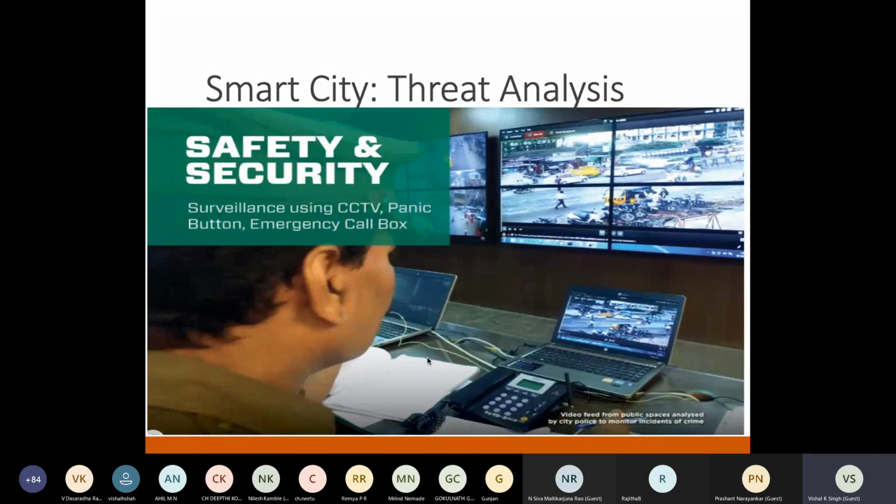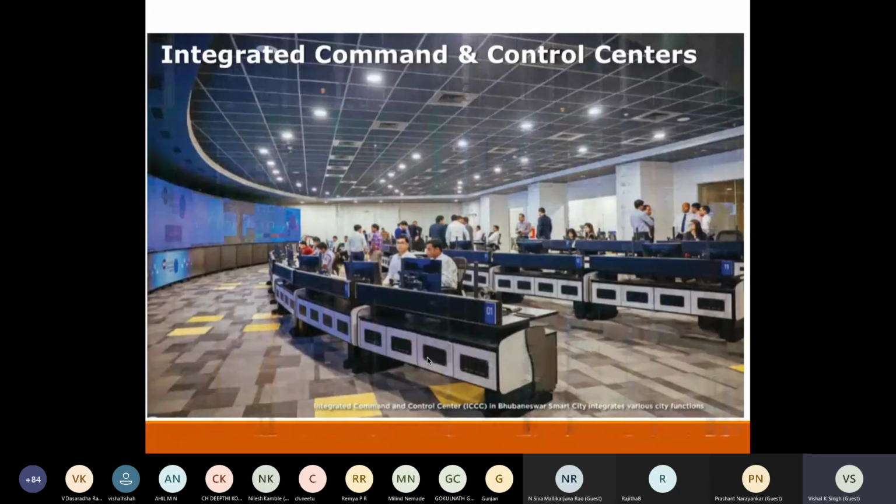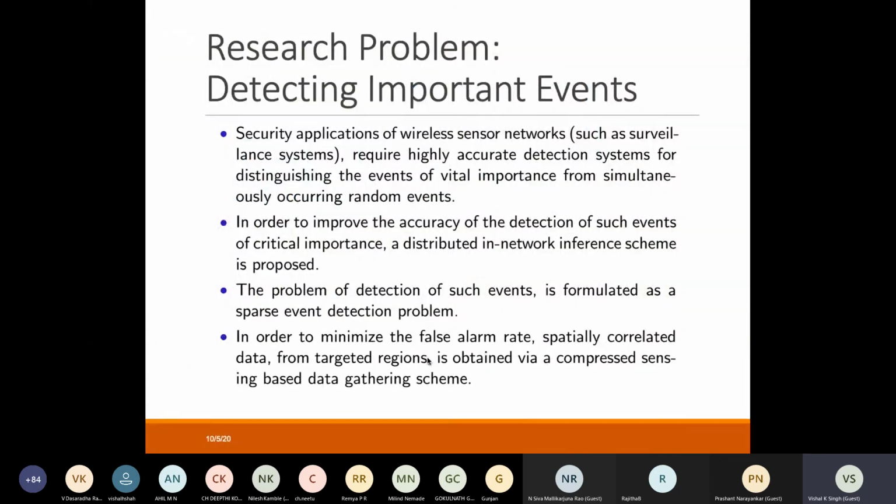Now, finally, the safety and security issues in the smart city. Considering the limited time which I have, I'll quickly move to the problem which I was about to discuss, which is the detection of important events.